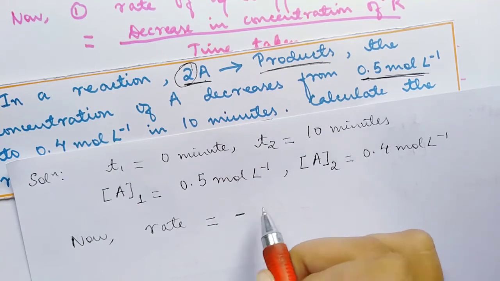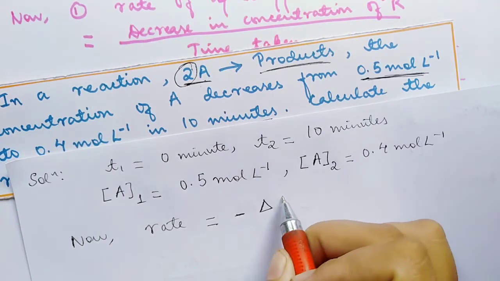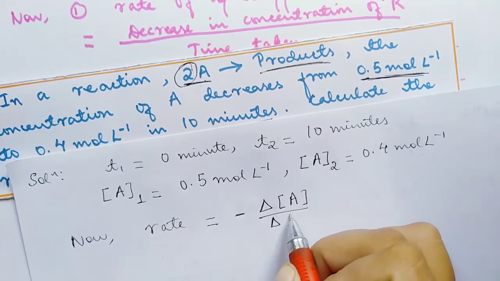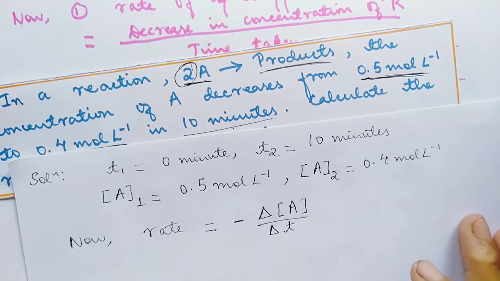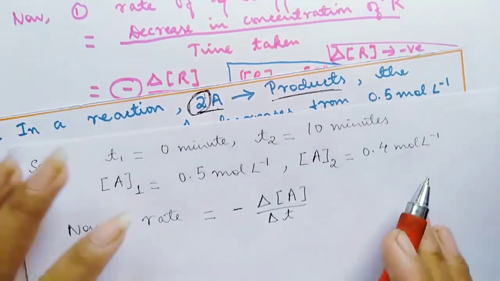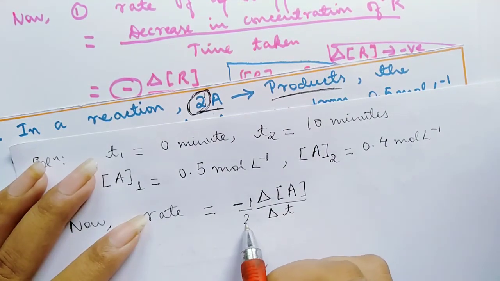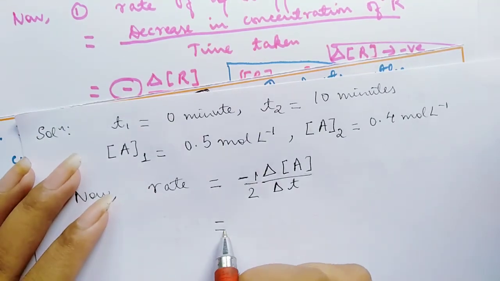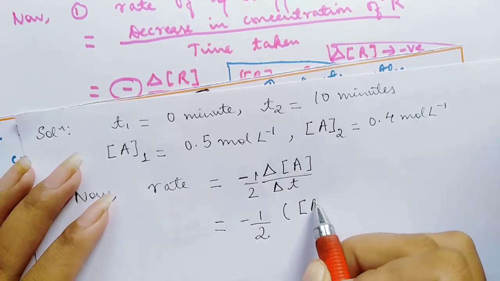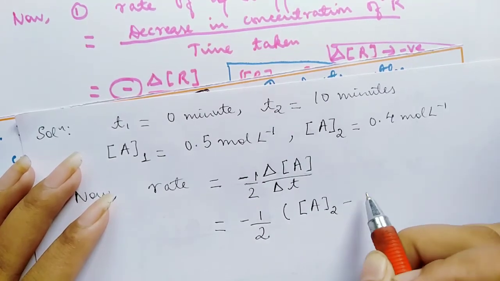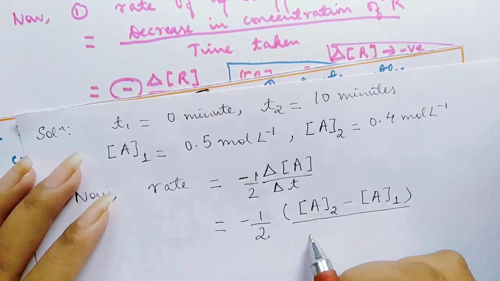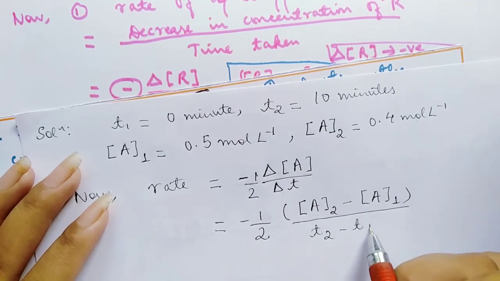Okay, minus change in the concentration of the reactant A by change in time. Okay, but here you have to be careful. See here, we have 2. That's why you have to multiply by half. Minus half, this one is concentration of A at time T2 minus concentration of A at time T1. Then divide by T2 minus T1.